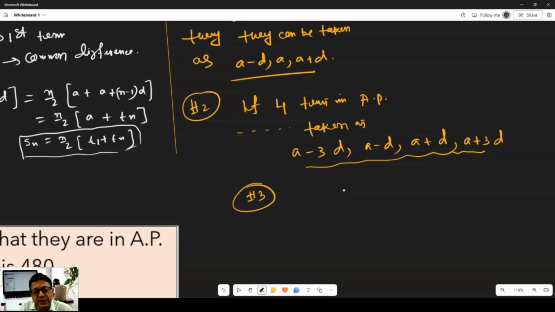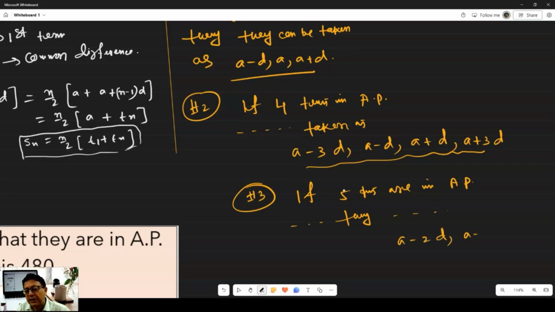If 5 terms in AP, what will happen? If 5 terms are in AP, then they can be taken as a minus 2d, a minus d, a, a plus d, a plus 2d.